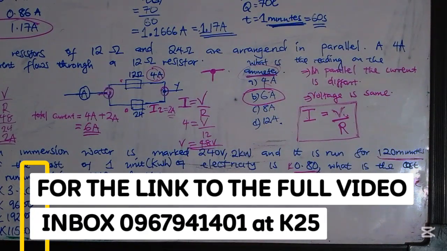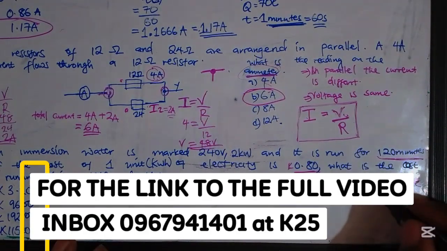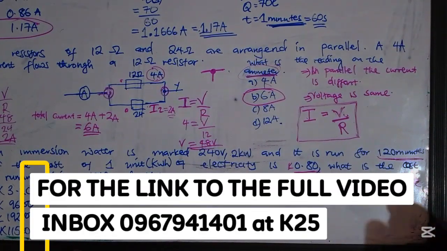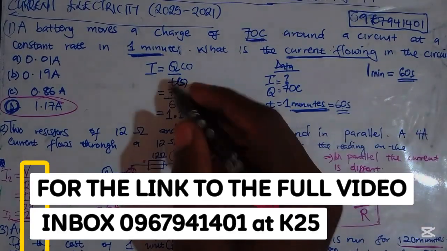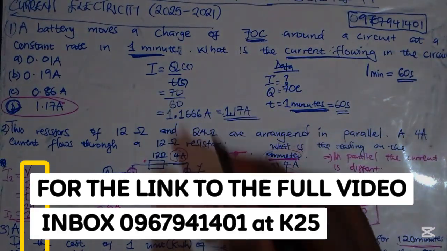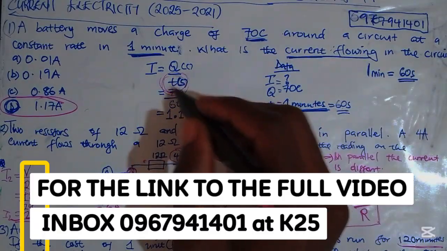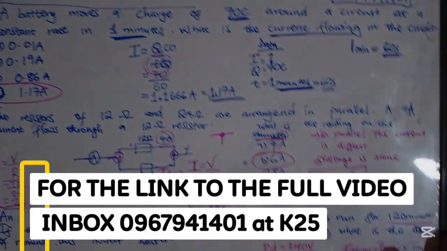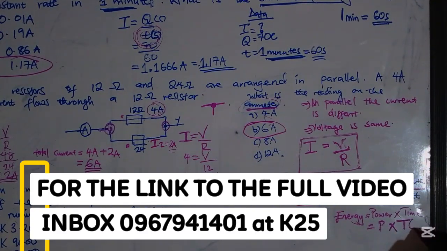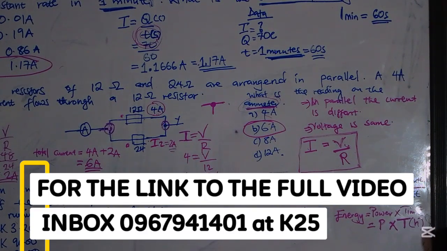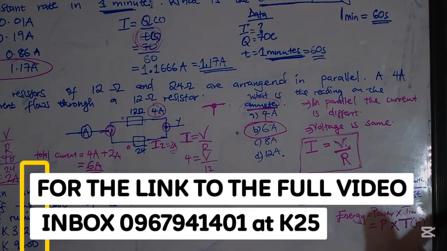So I'll even put here we have P, then here we have capital T. The reason I'm putting capital T here is to show you the difference between this t and this T in our first question. The first time should always be in seconds. That's why I've used the small letter. The second time, however, should be in hours. That's why I've put a capital T.